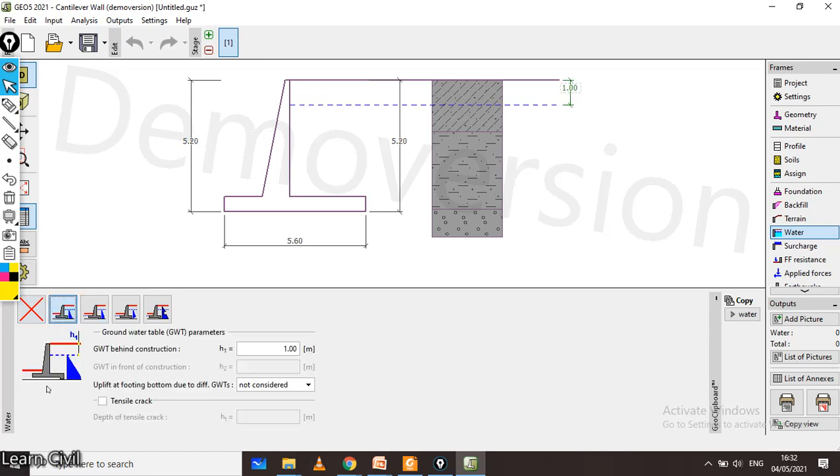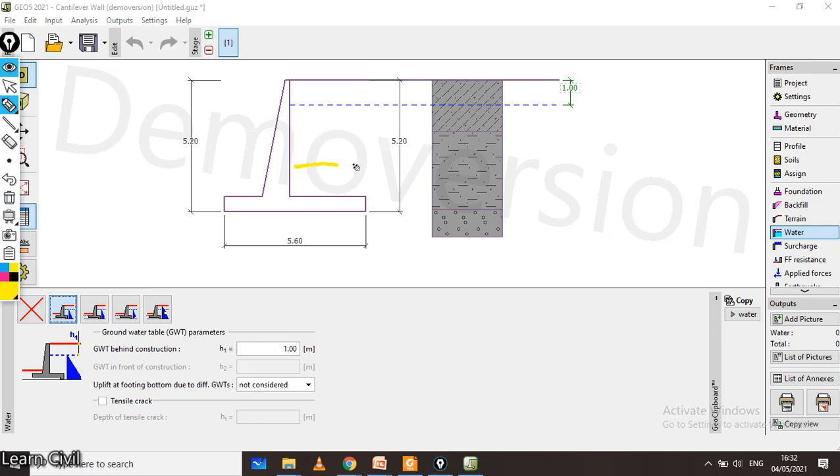I will be selecting this particular profile with groundwater table behind the retaining wall, and the height of this groundwater table is 1 meter. Upward uplift at the footing bottom is not considered, we won't be considering that. So provide height equal to 1 meter and select this as not considered. So water table depth is provided.